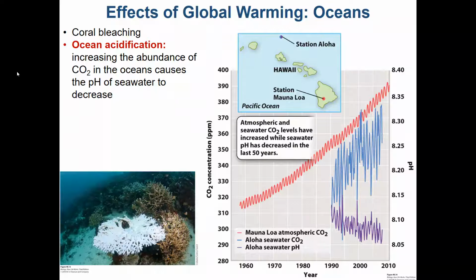The pH scale is logarithmic, so a 0.1 unit drop represents an increase in hydrogen ions of about 30%. That's going to be very challenging for organisms who live in the ocean to deal with these changes in pH.